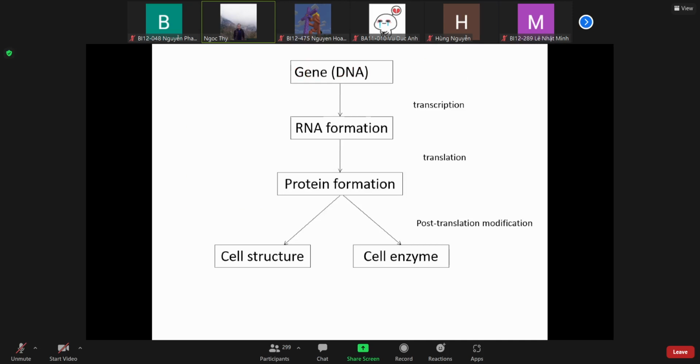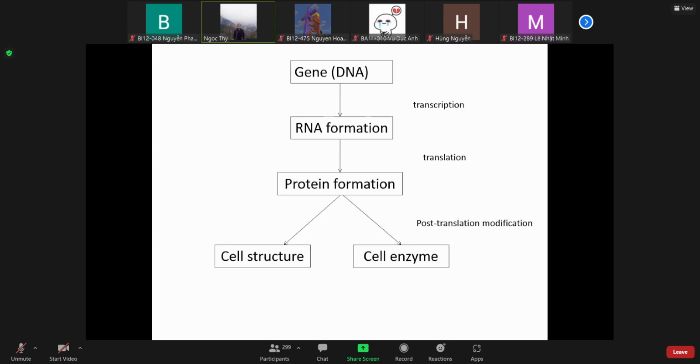So the transformation of information from gene to RNA to protein is listed in the slide below. The process of information transfer from DNA to RNA is called transcription. And the process of information transfer from RNA to protein is called translation.